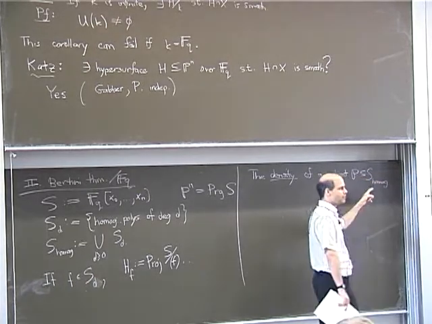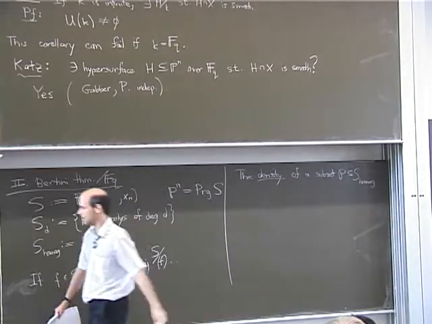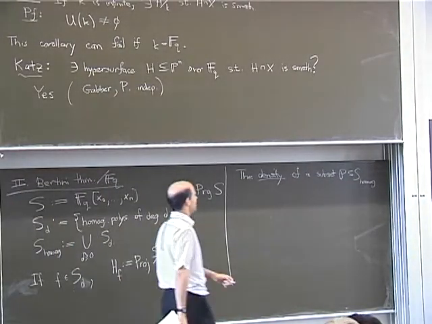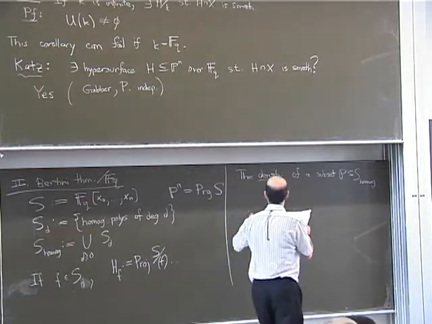is that legible from where you are? Okay. It says a subset P in S_homogeneous.